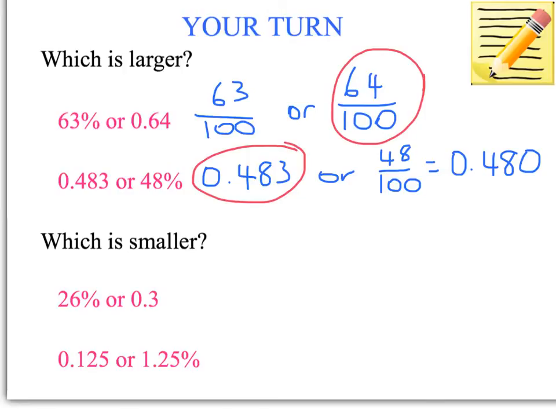Alrighty, which one of these is smaller? 26% or 0.3? We know that 26% is 26 over 100. We're dividing 26 by 100. So to do that, we move it 2 decimal places to the left.